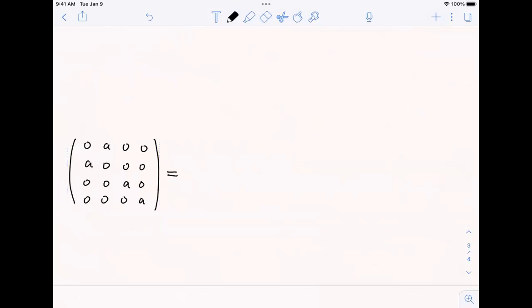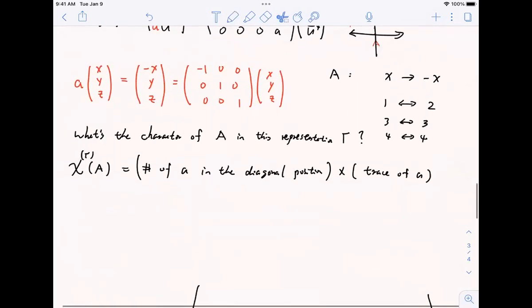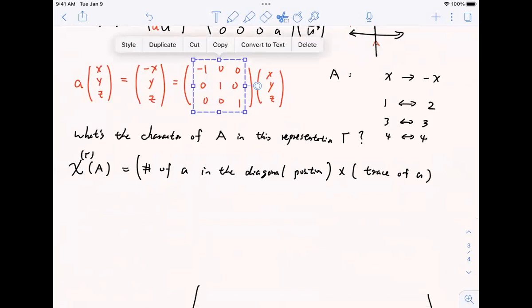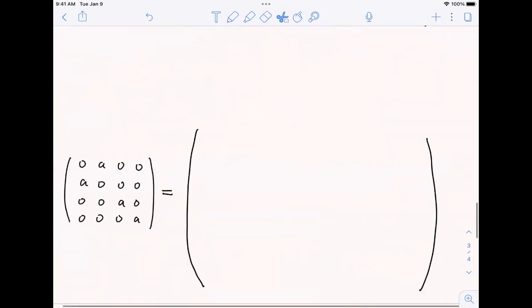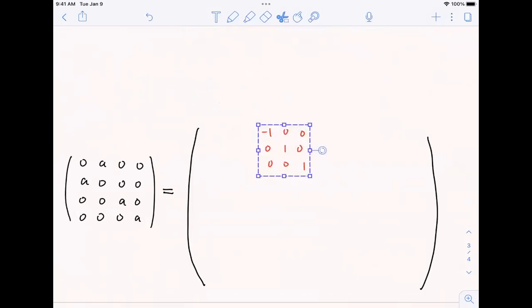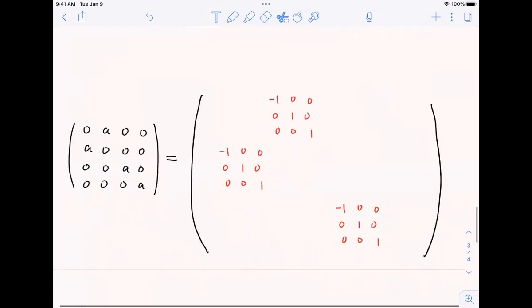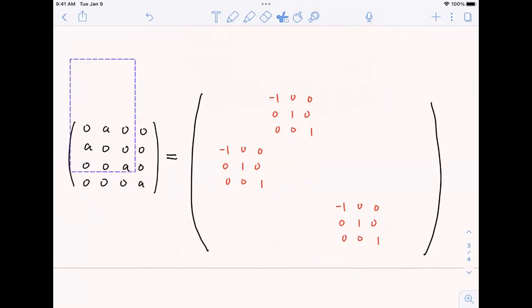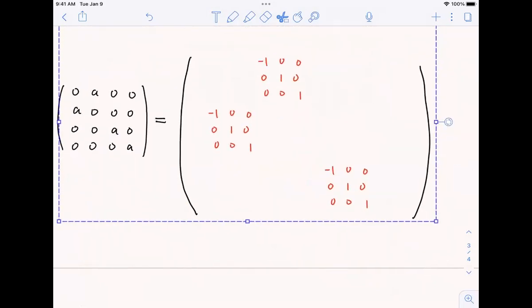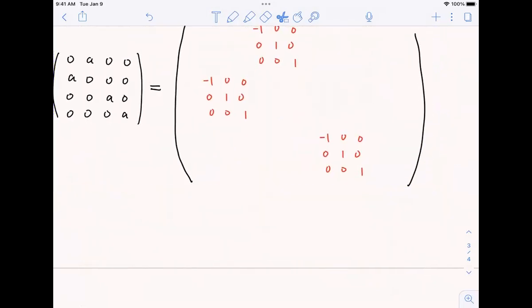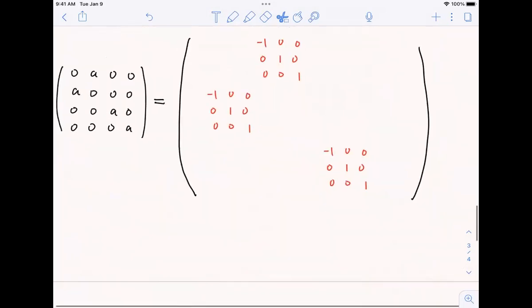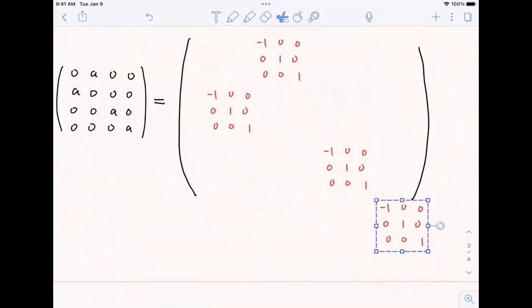You basically just copy this thing and paste it here. You need more space, and then you paste it here.